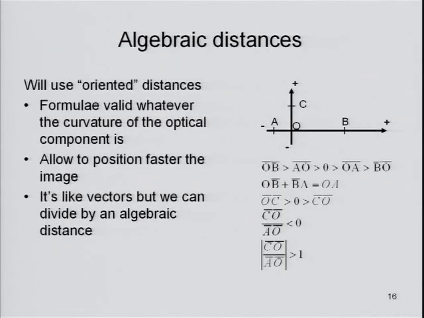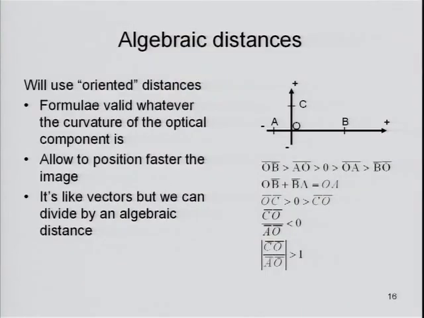So before doing ray tracing, just a couple of conventions. We'll use oriented distances in this case. This is not something I've ever found in any American or British book. It's like a vector, but from a mathematical point of view, you can divide an oriented distance, or you can invert an oriented distance.